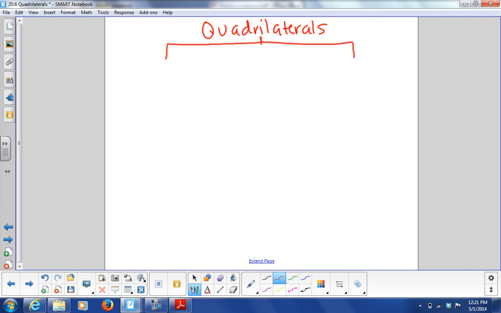I have just a general quadrilateral, which has no equal sides, no parallel sides. I have a parallelogram, and a parallelogram has two pairs of equal sides, and opposite sides are equal.